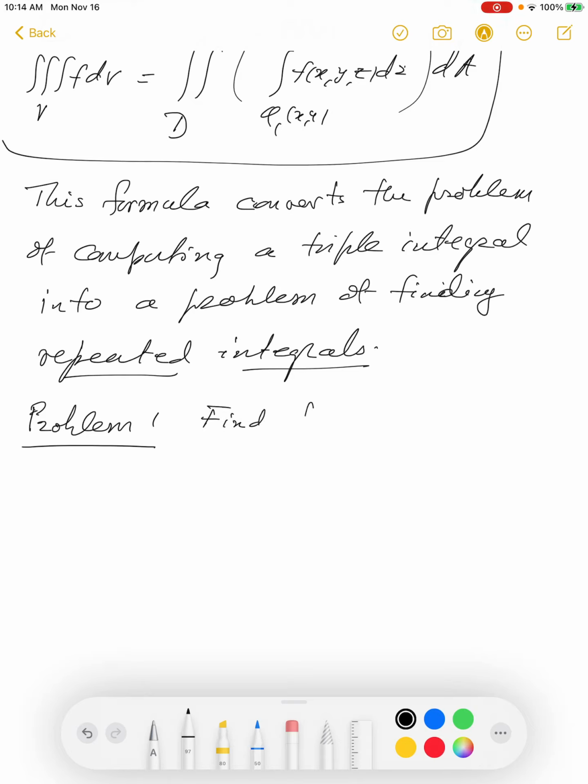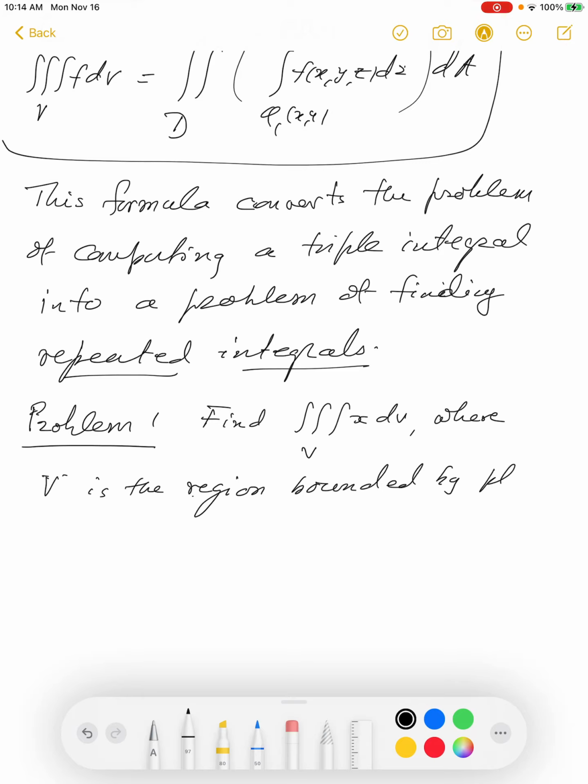Find the triple integral of x dV, where V is the region, or region is a better word, bounded by planes x equal to 0, y equal to 0, z equal to 0. These are the coordinate planes. And the last plane is 3x plus 2y plus z equal to 6.